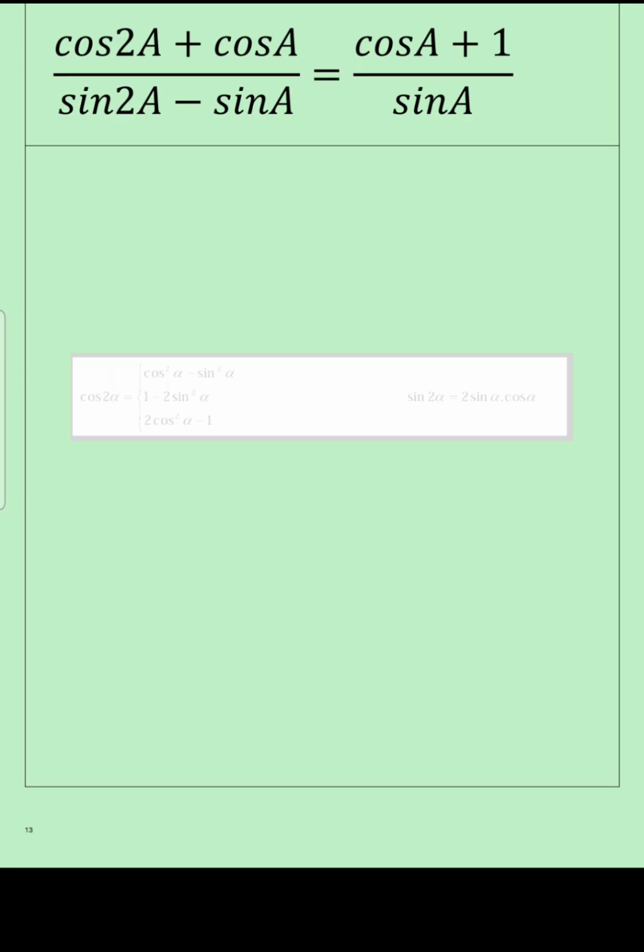We change this one to the one that has got cos only, because it involves cos. So we change it into the last one there.